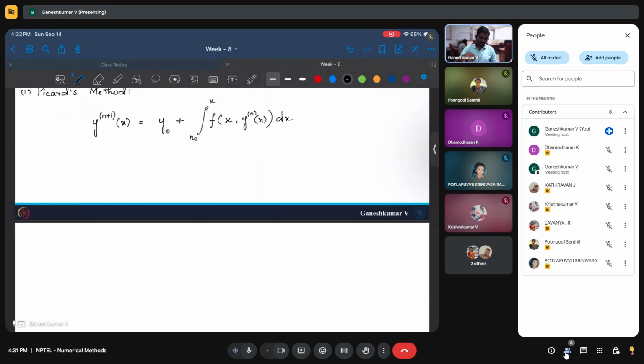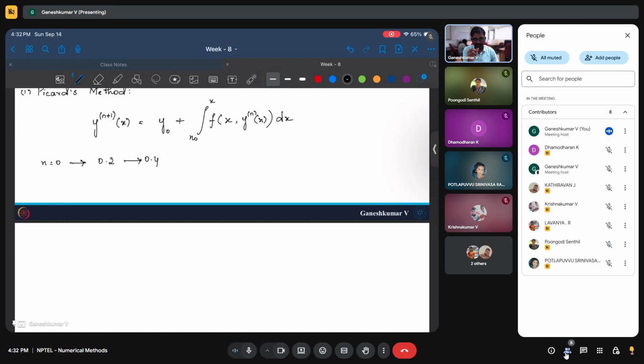Now in Picard's method also you can take a step-by-step approach. Initially we go from x equal to 0 to 0.2, and then from 0.2 to 0.4. We can do that, but it involves a lot of integration.